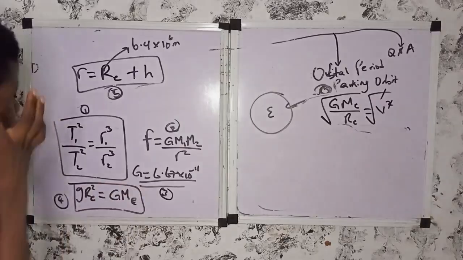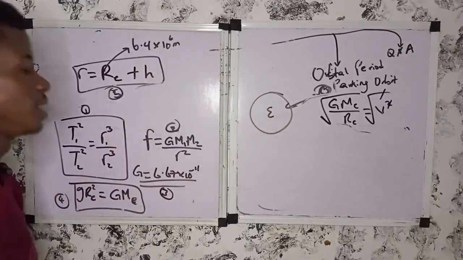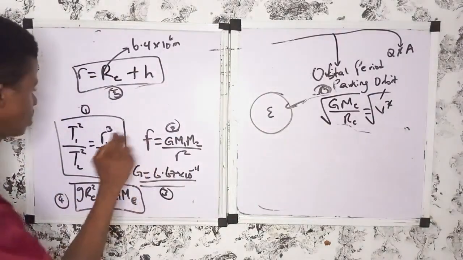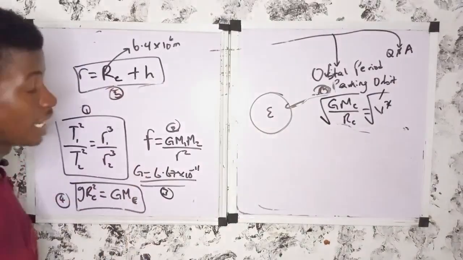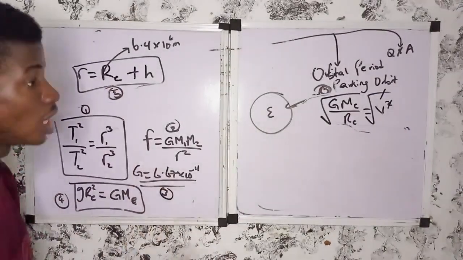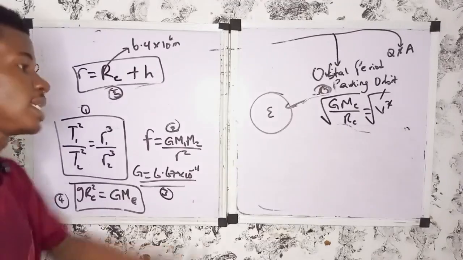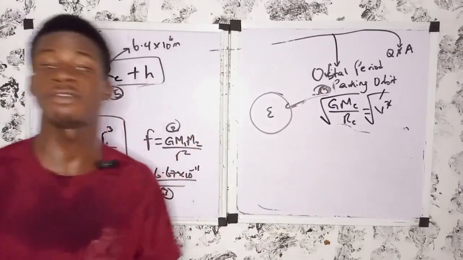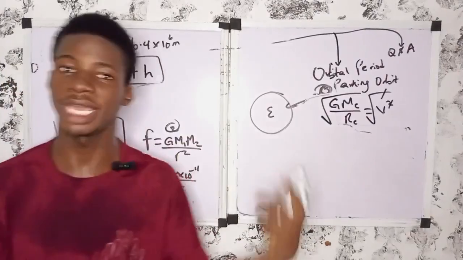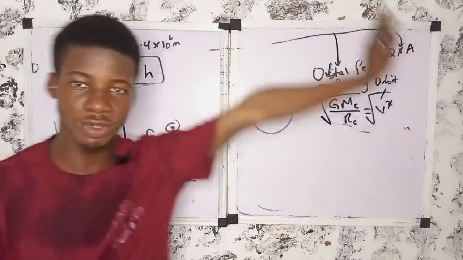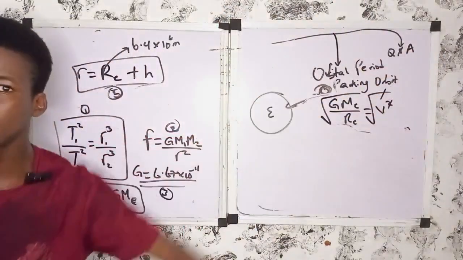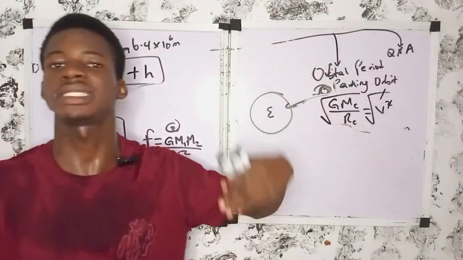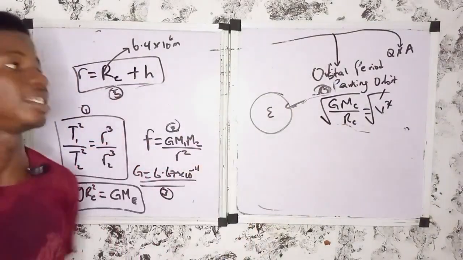So take note of all the formulas I've placed on the board earlier. You know the mass of the Earth, the mass of the sun, the radius of the Earth, and the formula to calculate orbital velocity when the satellite is at an altitude away from the Earth, or when it is at the surface of the Earth.